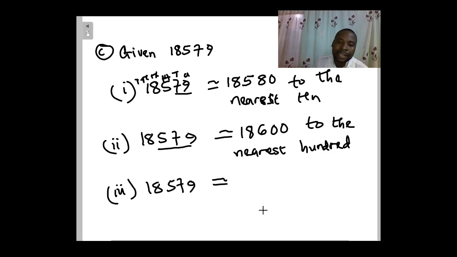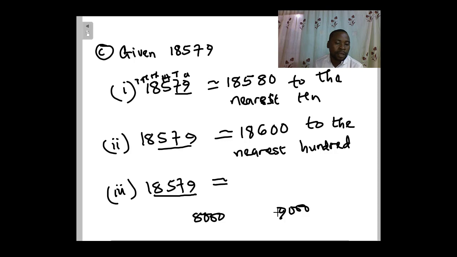18,579 to the nearest 1,000. Consider from the 1,000 place down. The 1,000 place starts from 8, so consider it down to the unit side: 8,579. That should tell you that it lies between 8,000 and 9,000.